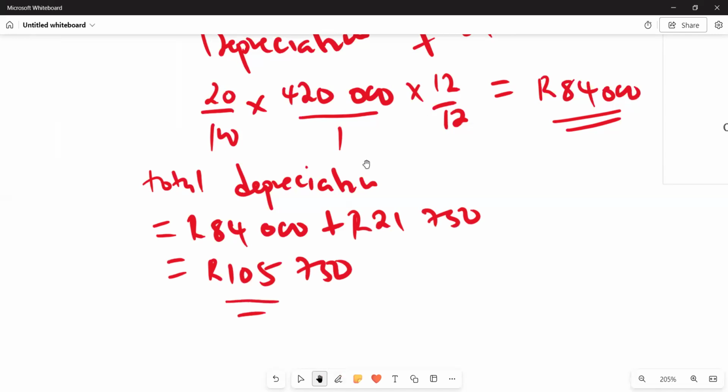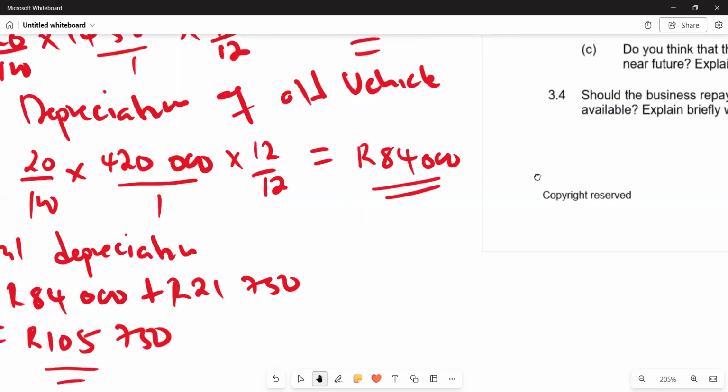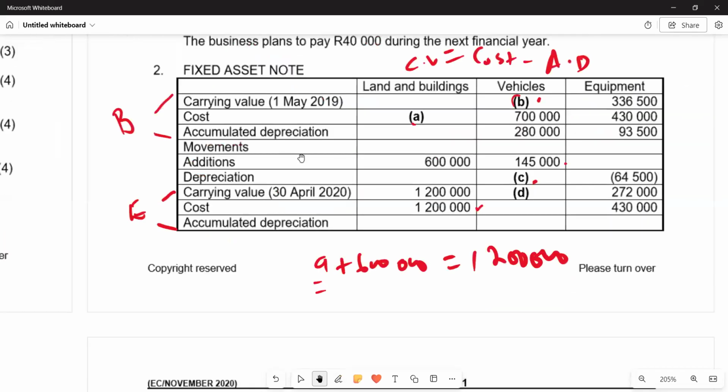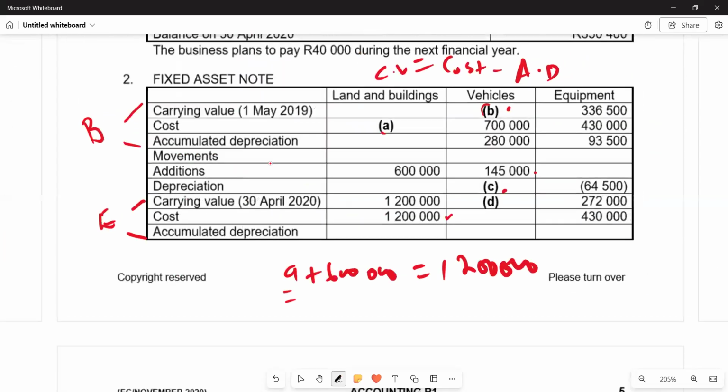Then we try to see another missing figure that we have in that note. Remember, we were at C, now we're at D. So D means the carrying value of vehicles. So basically, to get the carrying value of vehicles, we use the formula that says carrying value at the beginning plus additions at cost less depreciation for the year.